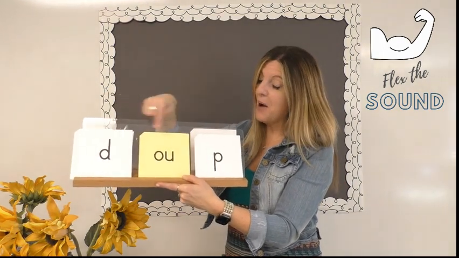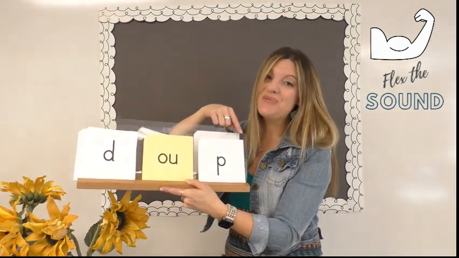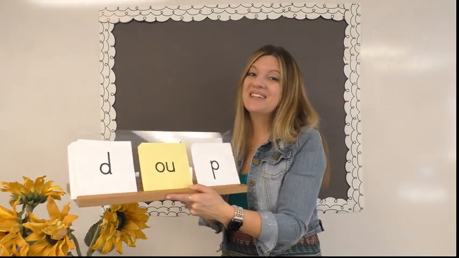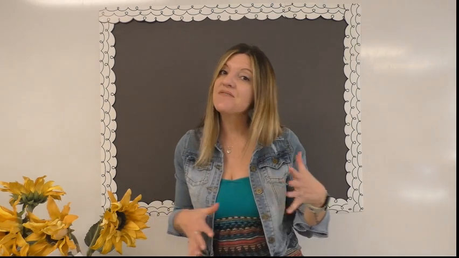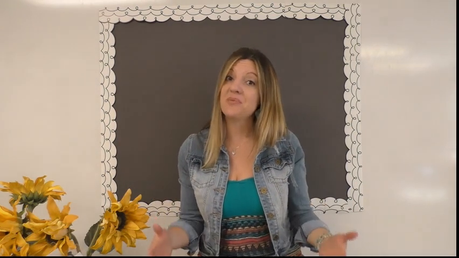Daub, daup, or dupe? So as you can see, the OU vowel team is not as common as OO spells ooh or OW spells ow. So this week we're just going to play around with a lot of words to kind of get familiar with the high frequency words that we need to know for OU.